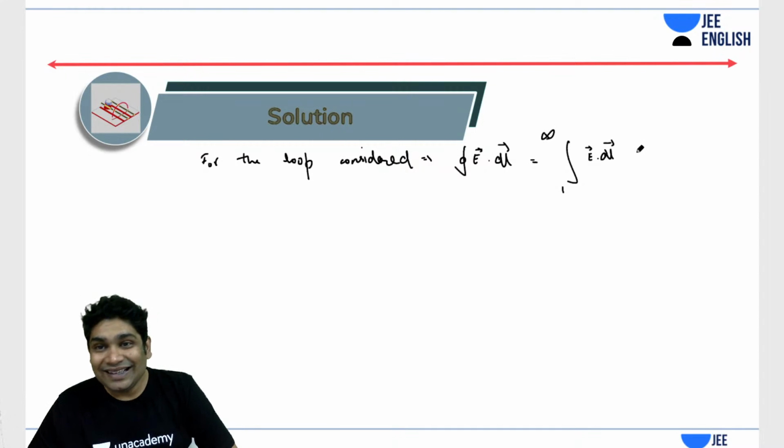Okay, and that should be equal to minus d by dt of flux for this loop.